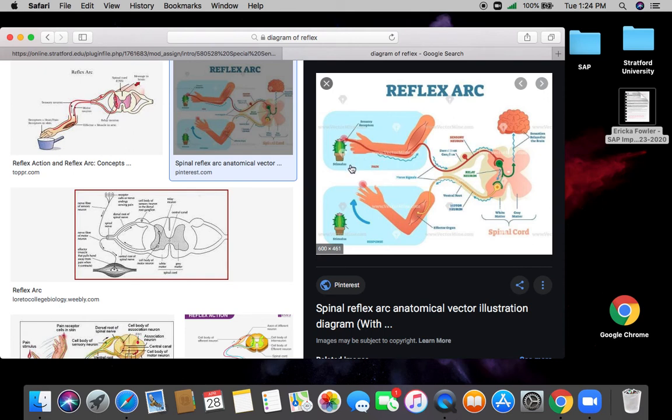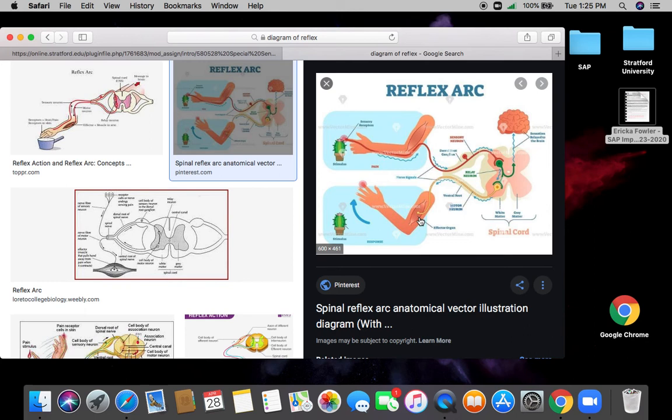The reflex arc is a protective function because sometimes we need the signal to go from the sensory to the motor a lot quicker. It usually happens in moments of danger to the human body.